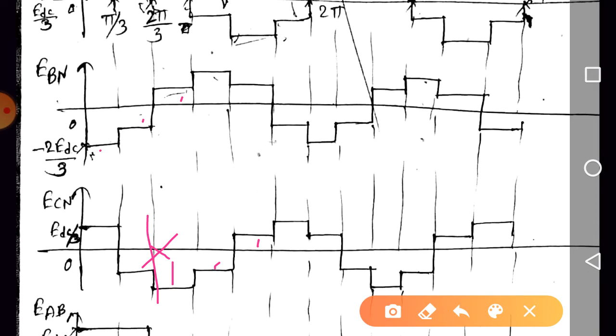So can we say that VCN is lagging VBN by 120 degree? Are you getting the point? So the mutual phase displacement between VAN, VBN, VCN is 120 degree.